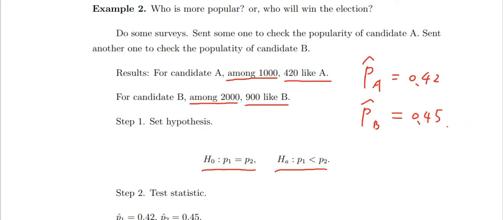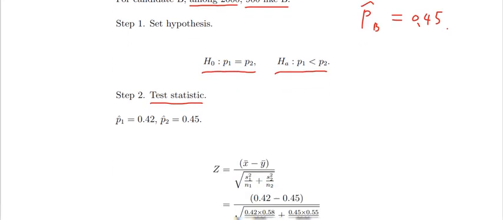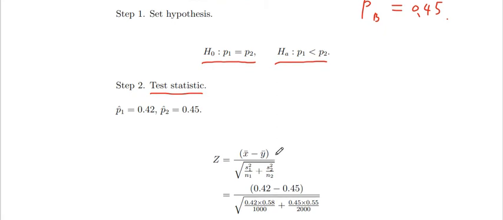Then for the test statistic, we use this formula, x bar minus y bar. Here PA hat and PB hat are just x bar and y bar. So we use x bar minus y bar over the standard error.